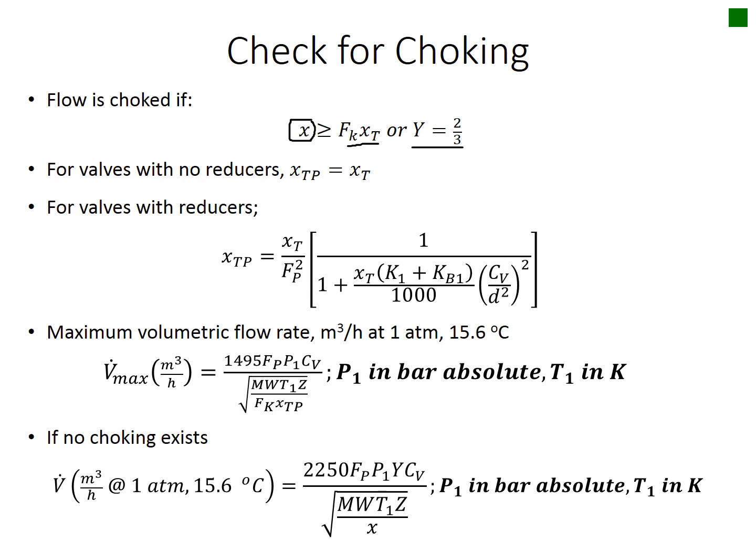If our valve doesn't have any reducers, meaning its valve body is the same diameter as the pipe that feeds it, then this coefficient XTP is just equal to X sub T. If we do have reducers, then we would calculate XTP using this equation, which is a function of XT, the FP, K1, and B1, X sub T, and the ratio of the valve coefficient divided by D squared, and that quantity is squared.